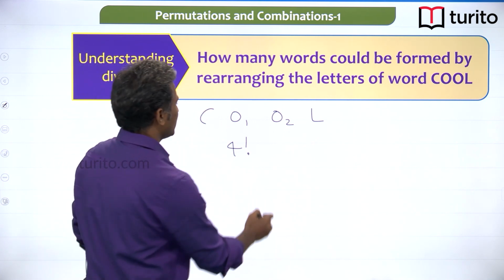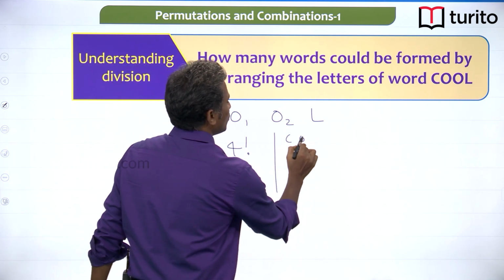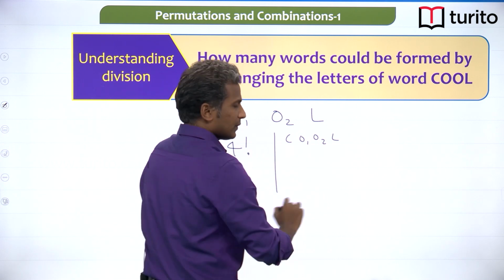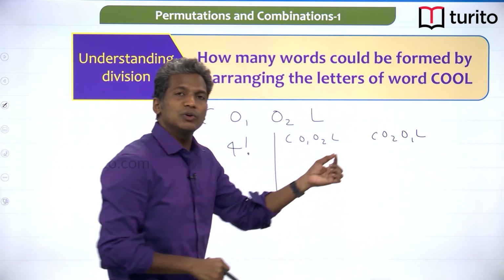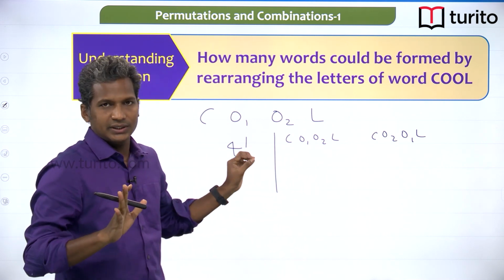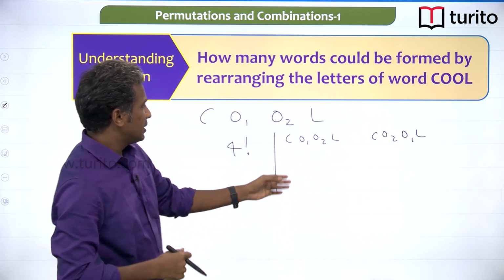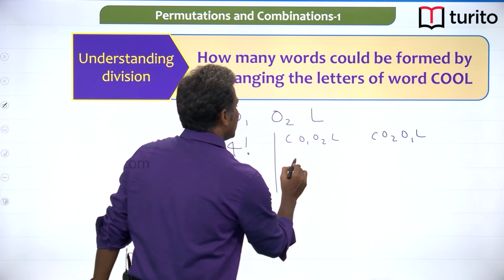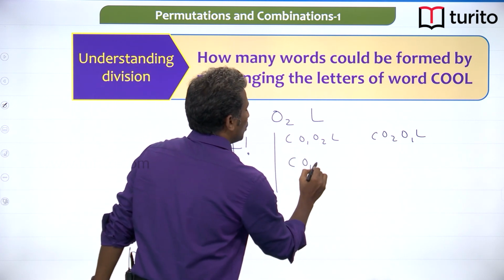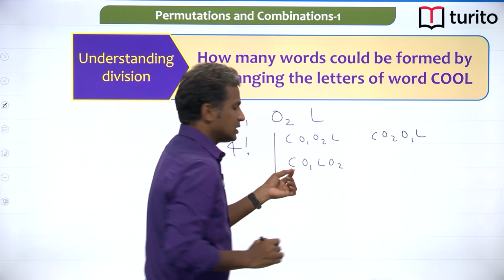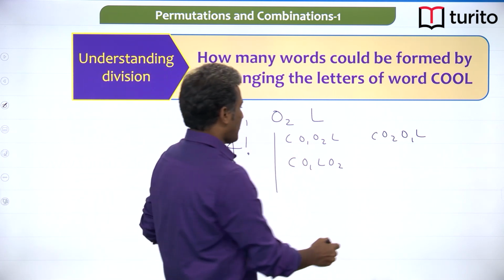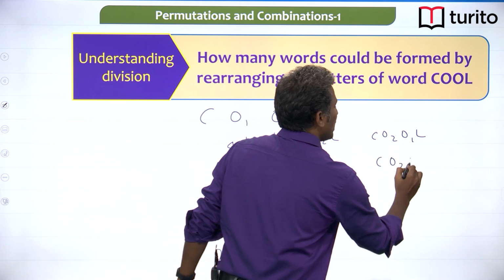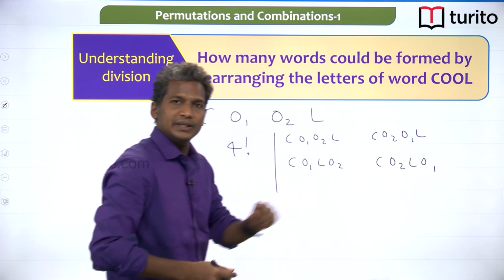For example, you can make a lot of cases here, C O1 O2 L and C O2 O1 L. These 2 are ideally different arrangements. Okay. Now, again, let us say if you take this COLO, C O1 L O2, this is one arrangement, and C O2 L O1, this is another arrangement.